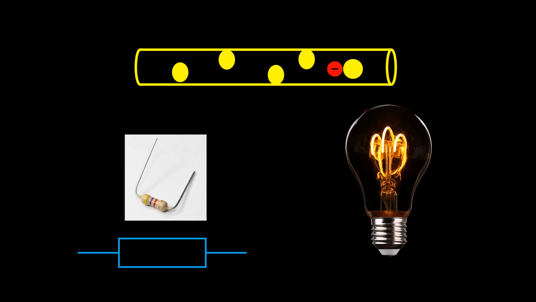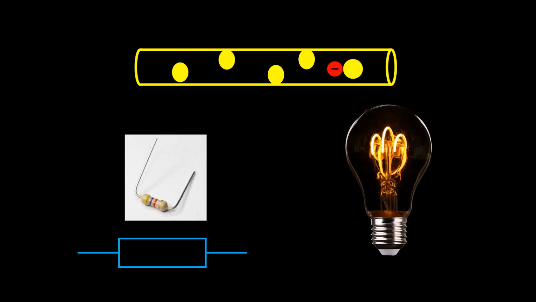Remember, a light bulb is made up of a thin wire inside, which is surrounded by a glass housing. That small wire is a metal conductor with a very high resistance, meaning it opposes the flow of charge. It causes a lot of electrons inside it to slow down.